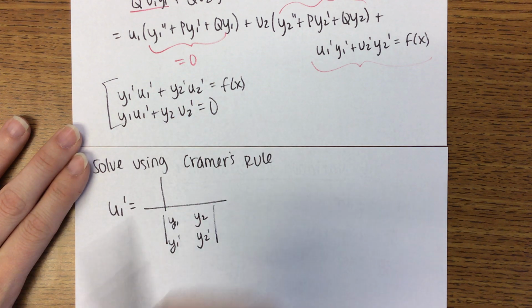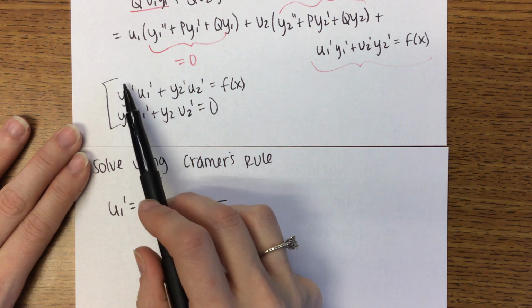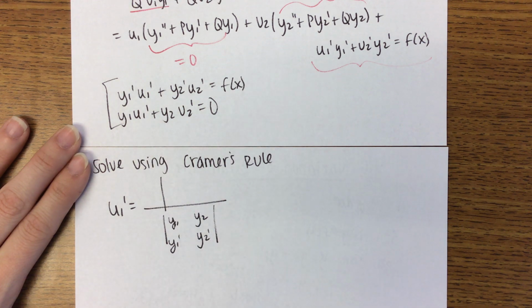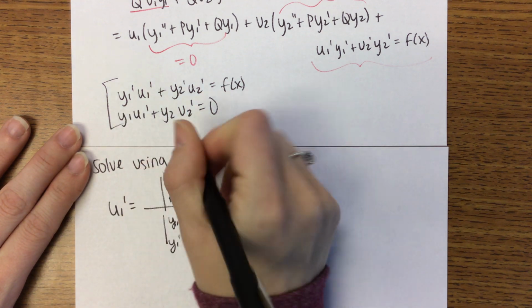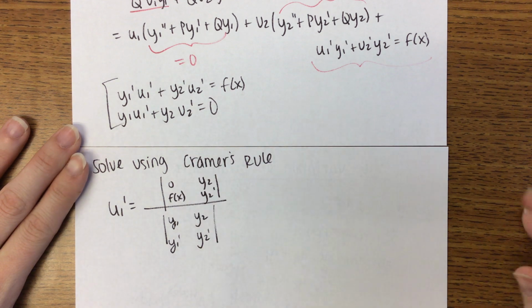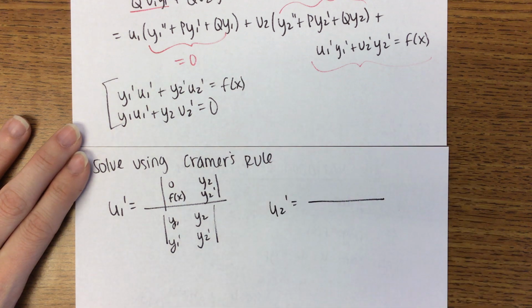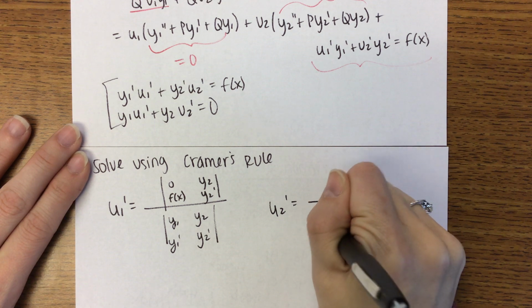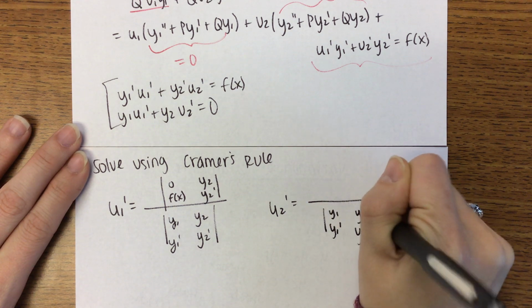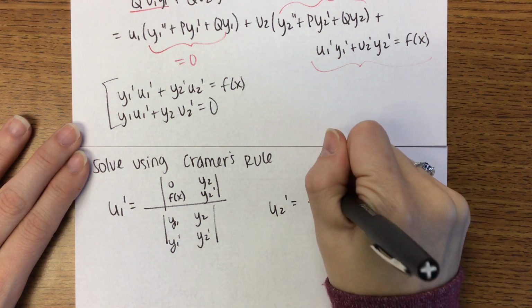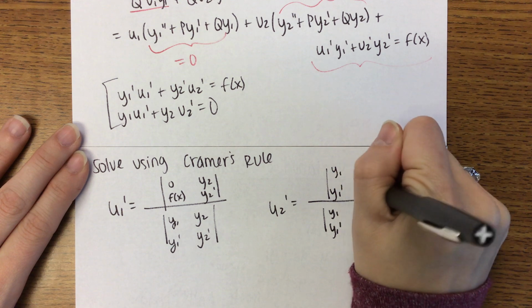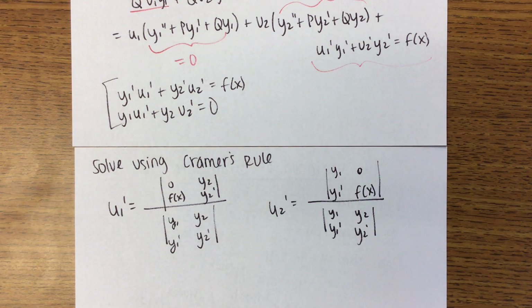The numerator is the same determinant, except that you're replacing the coefficients of the u1 prime with the answers, but again, remember that I'm reversing the equations. u2 prime is going to have the same denominator. So you would find these two, and then you would integrate, and that would give you the particular solution.